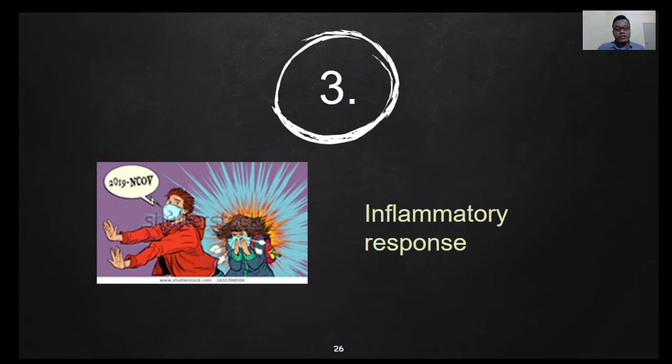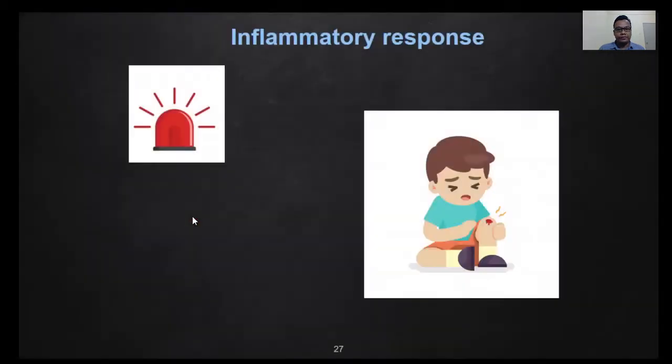In the second line of defense, in the innate immune response, we also have the inflammatory response. Inflammatory response can be observed as activation of the body alarms using chemicals.